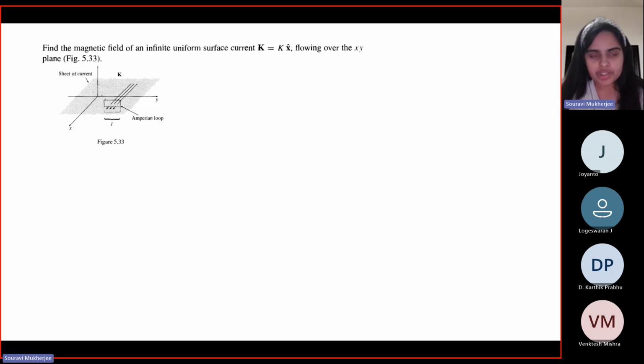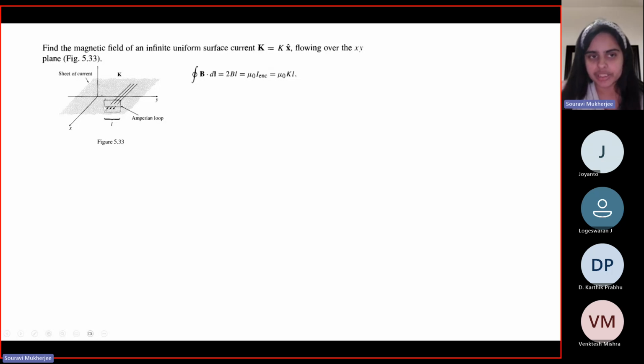Okay, so let's see. This is your Amperian loop, right? You have to do a line integral over this loop, and your K is directed in this direction. So what you do is you do B dot dl. Now here, because your surface current density is in this direction, you can see these parts will not contribute.